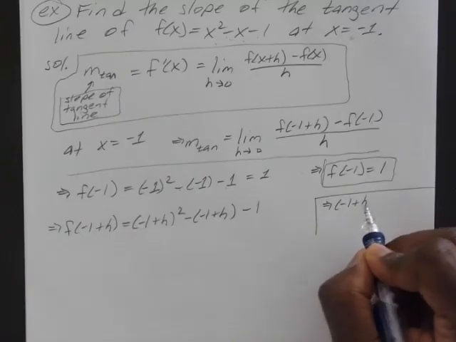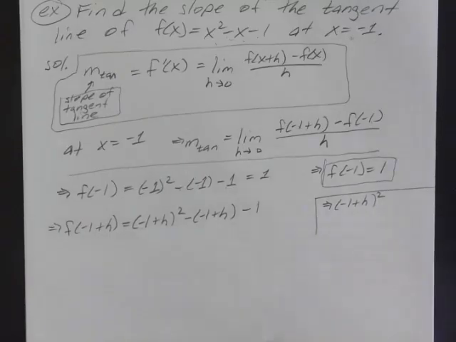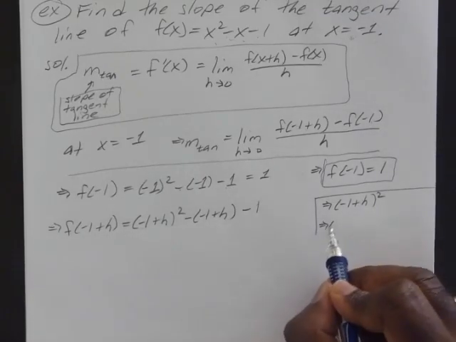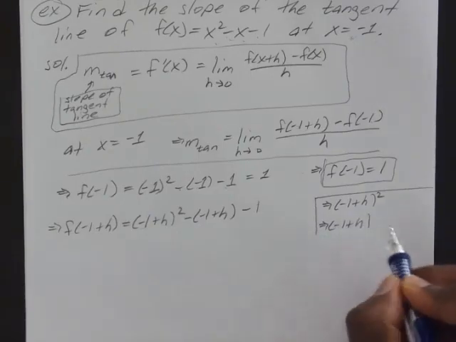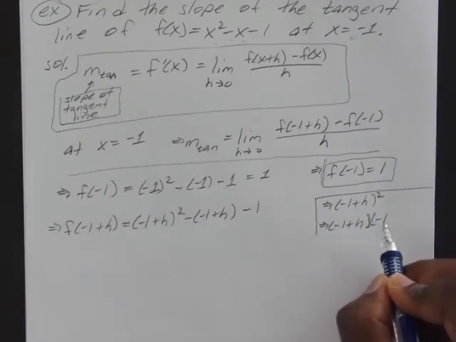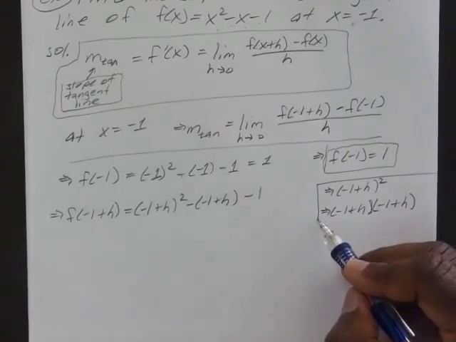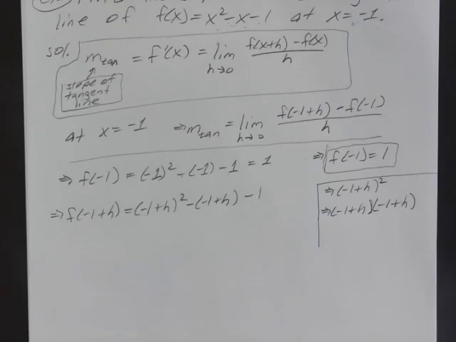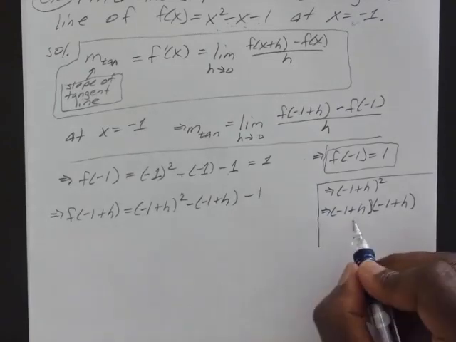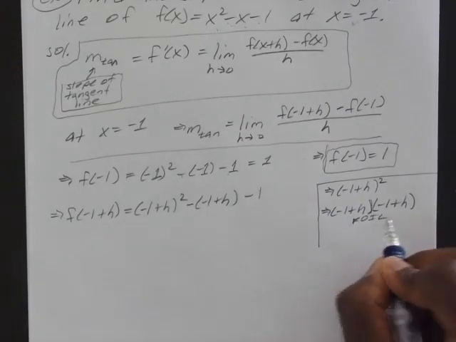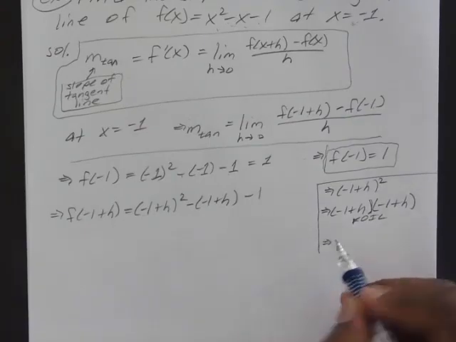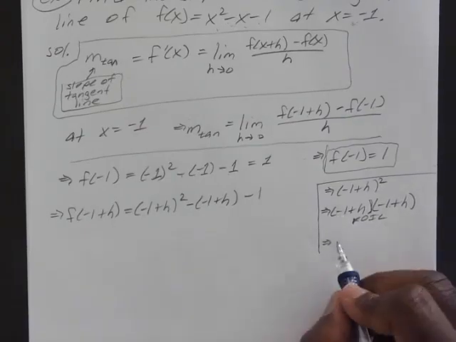So -1 plus h squared, that's just -1 plus h times -1 plus h. And if we do the FOIL method, we have -1 times -1, which is +1.